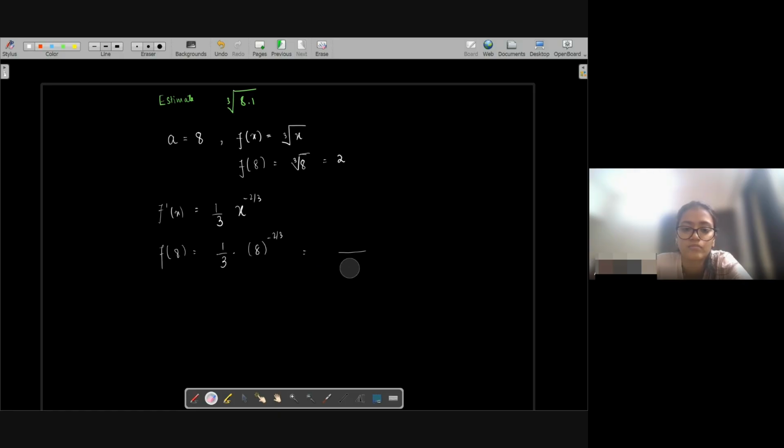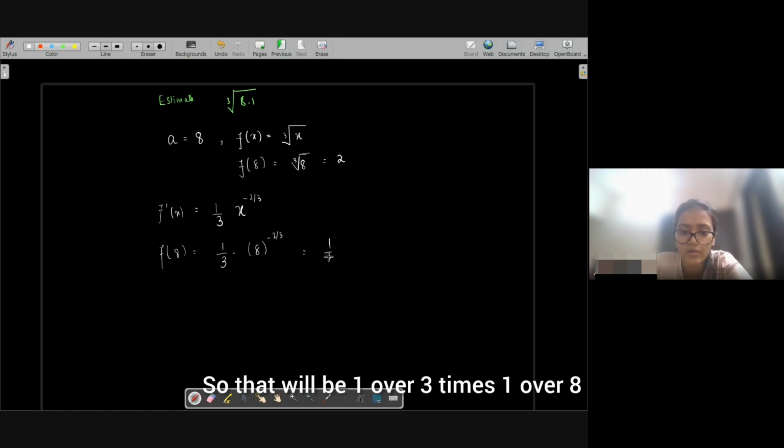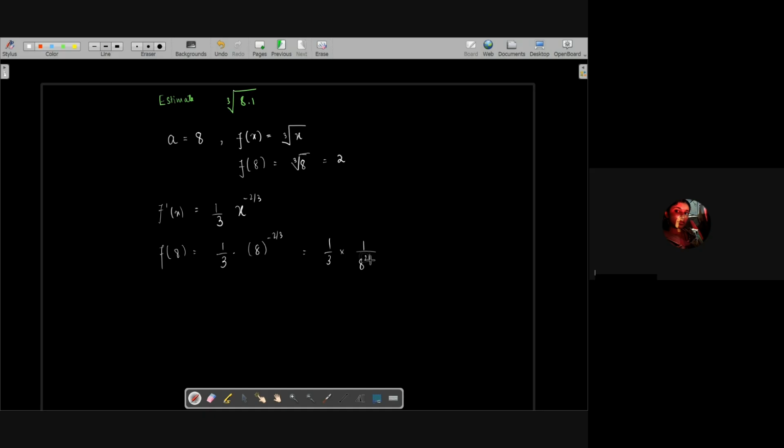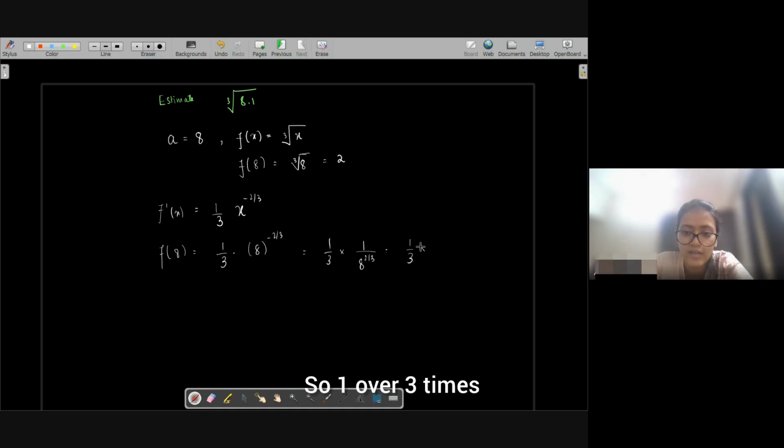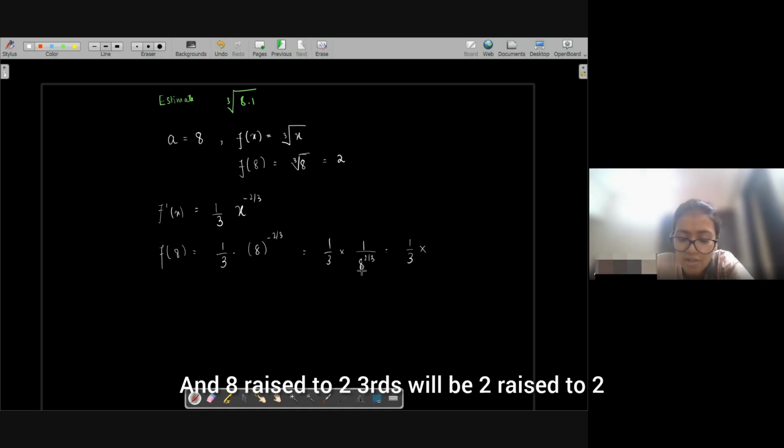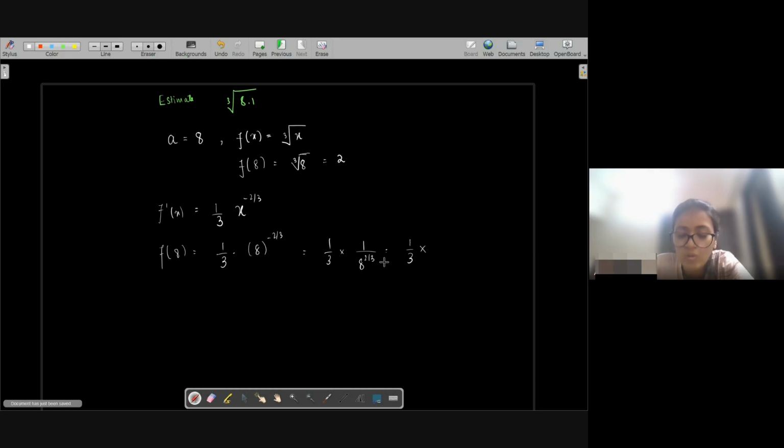That will be 1 over 3 times 1 over 8 raised to 2/3, and 8 raised to 2/3 will be 2 squared, which is 4. So again, 1 over 12.